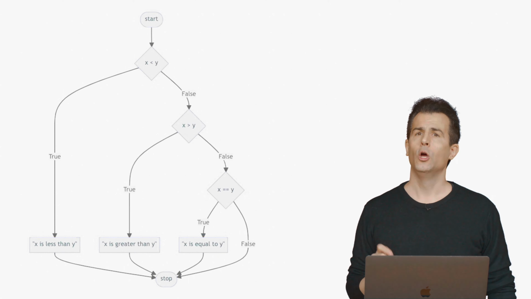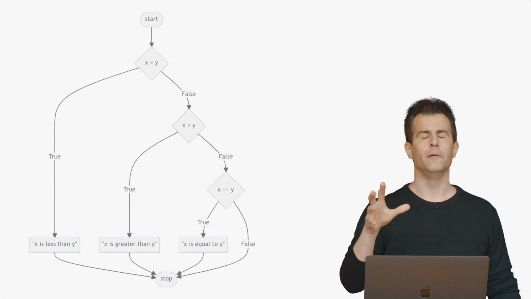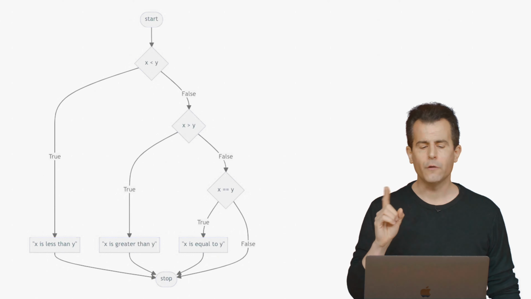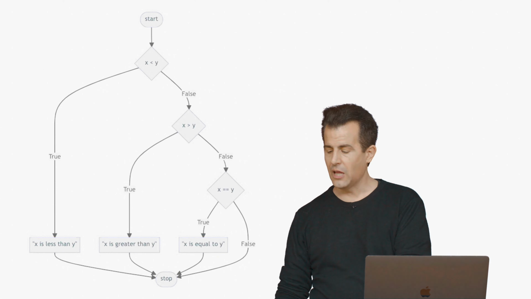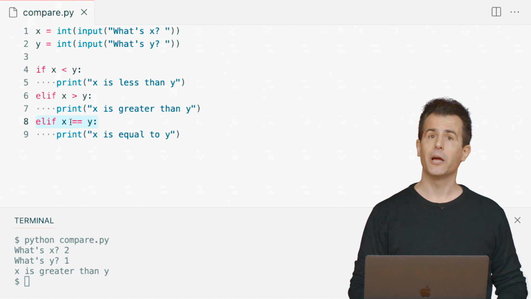So what's the improvement? Well, in the first case, we got lucky and we only had to ask one question, and boom, we're done. This time, we had to ask 2 questions, but then boom, we're done. Only if x happens to equal y do we actually find ourselves logically getting all the way down to this final elif in my code.